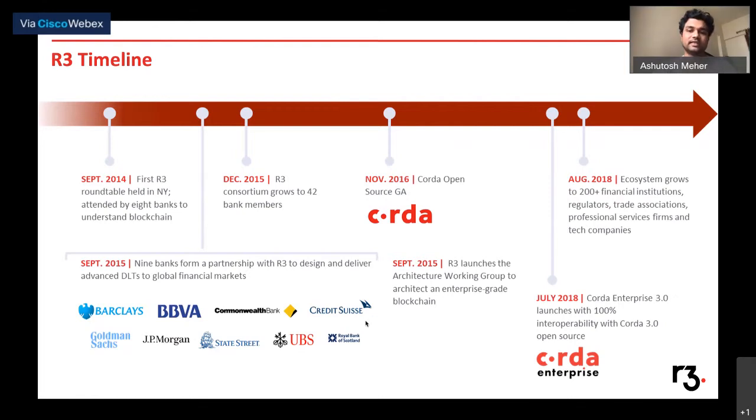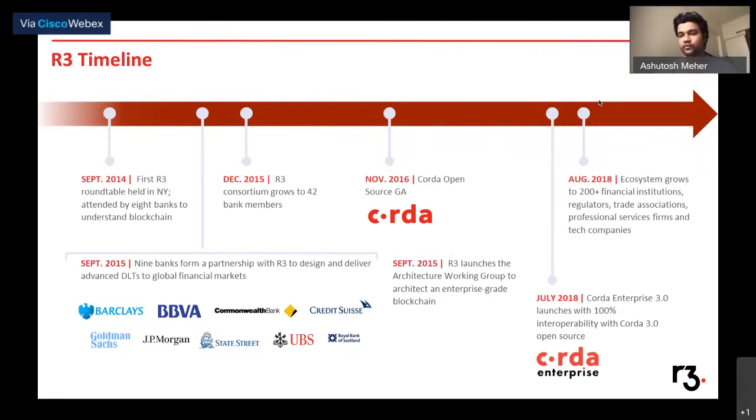In November 2016, the first official Corda open source version was announced. In the meanwhile, we decided to have an enterprise offering for Corda. The first Corda Enterprise, which was 3.0 to keep in sync with open source versioning, was launched in July of 2018, and it was interoperable with Corda open source as well.